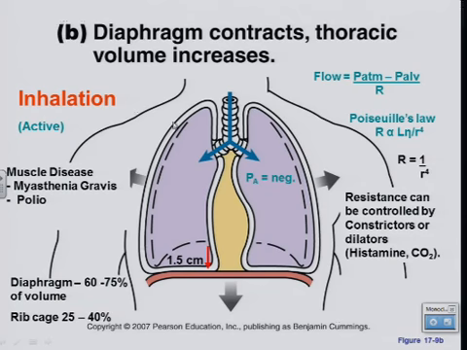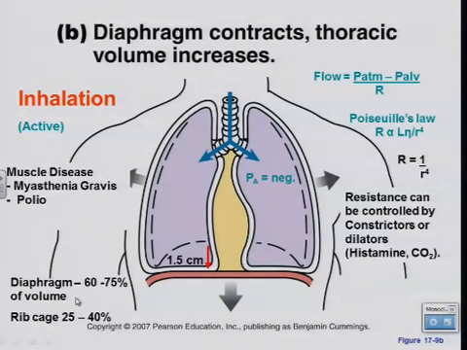Now, if we were to weaken these muscles with a couple diseases such as myasthenia gravis or polio, both of these diseases weaken these muscles, and therefore we're less able to do effective inspiration. So there are diseases that affect inspiratory muscles. Remember, the diaphragm is responsible for 60 to 75% of the volume change for inspiration, and the rib cage 25 to 40%. So both of these are very important.